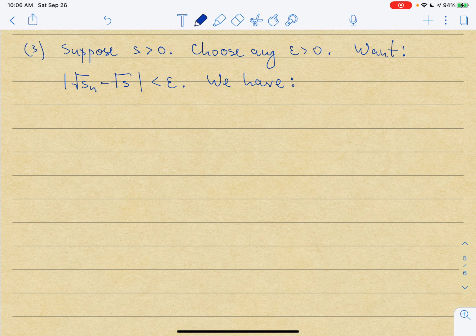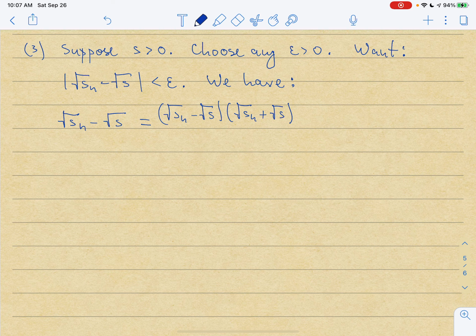If I look at square root of Sn minus square root of S, what I can do is multiply and divide by the conjugate. So square root of Sn minus square root of S, times square root of Sn plus square root of S. Again, remember that my goal is to make this look like Sn minus S, so I need to get rid of square roots.